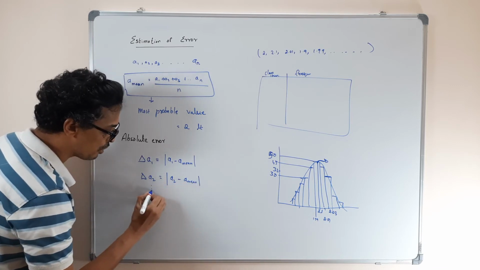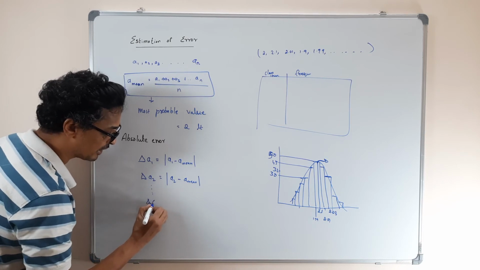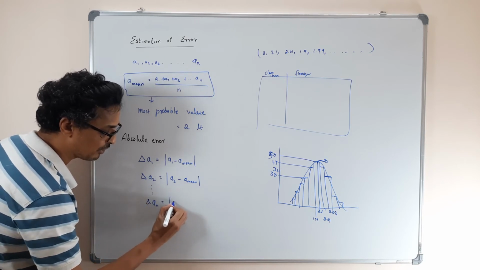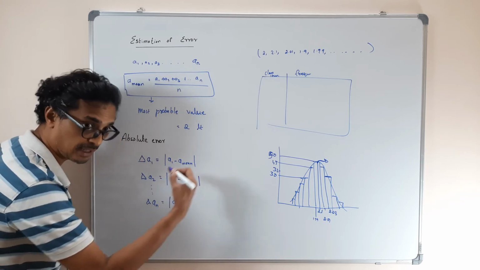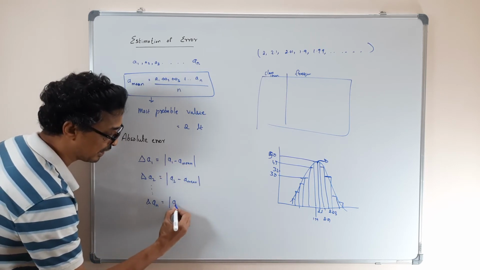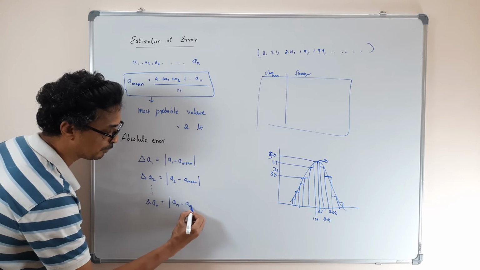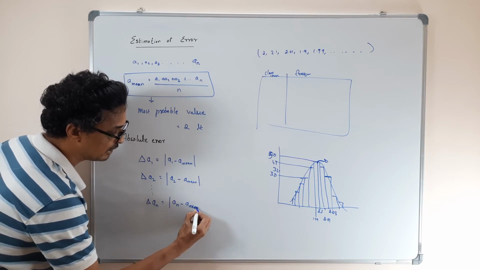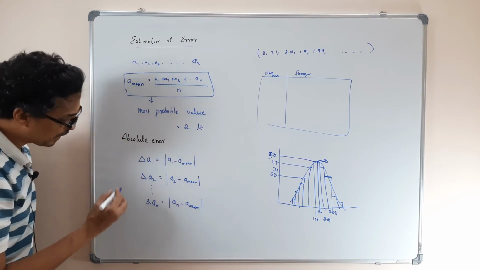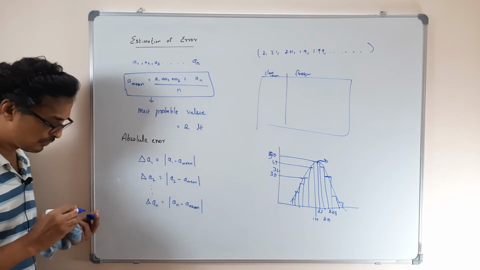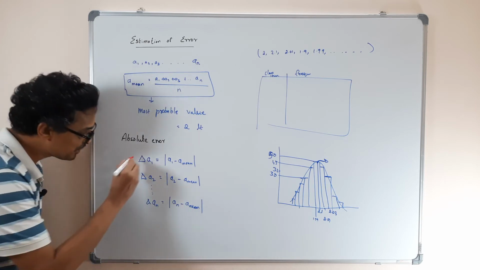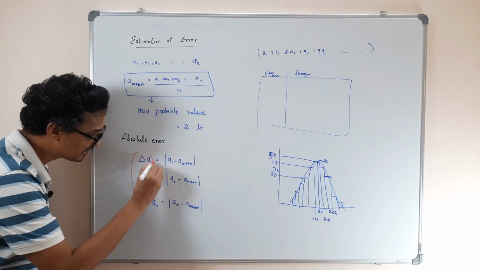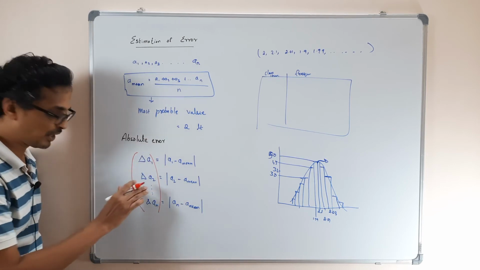If I have done the experiment n times, I can easily find the absolute error for all n experiments, An minus A mean. So we have a collection of absolute errors that depends upon my mean.